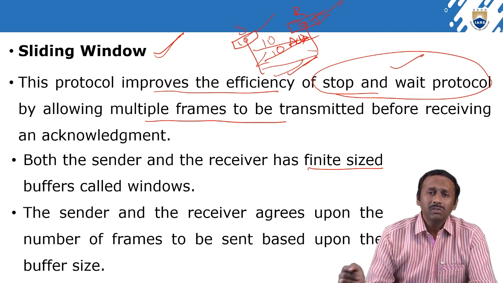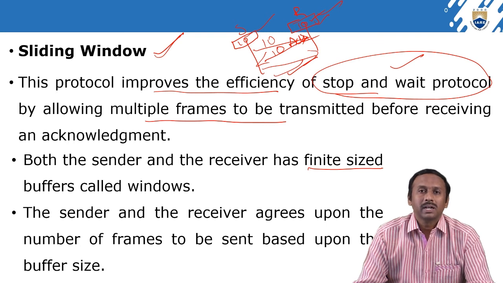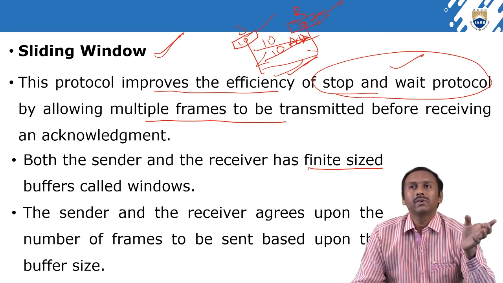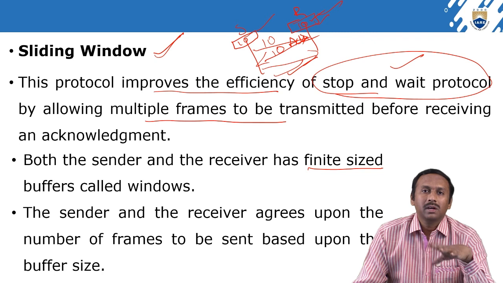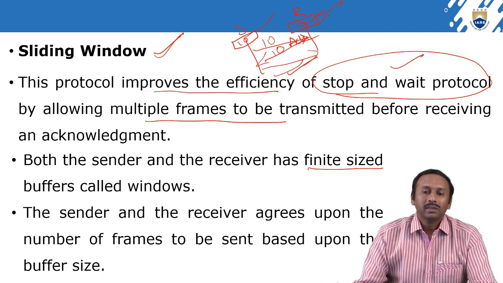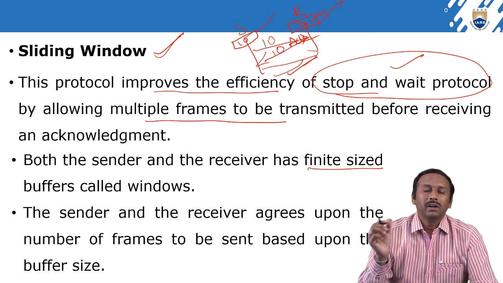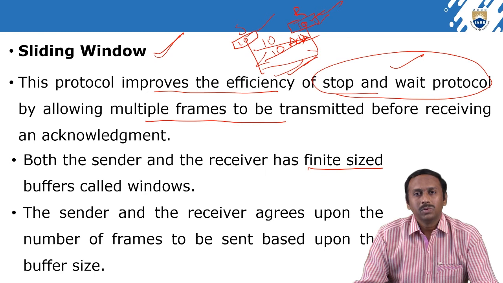We can't always expect the same size on both the sender and receiver side. Sometimes the sender has a larger size and the receiver less, and at other times the sender has a smaller buffer size and the receiver more. At that time both can finalize on one particular size available on both sides.